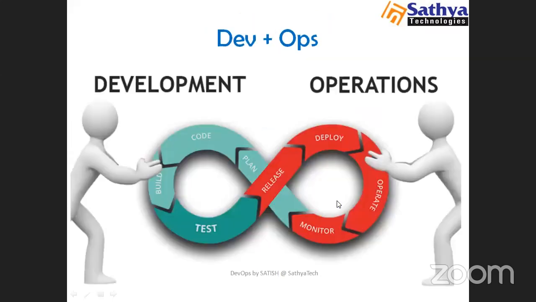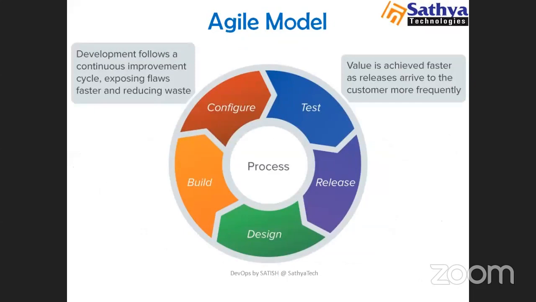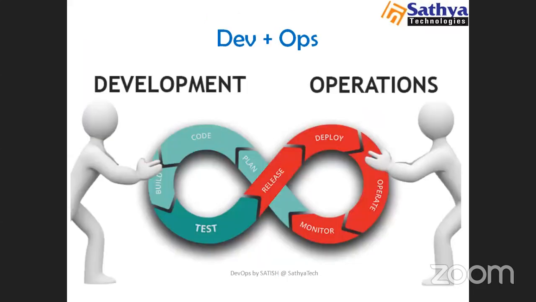Now, can you see a new cycle here? Compare these two cycles: the agile development cycle, and the one for DevOps. Here you will get continuous development and continuous operations.